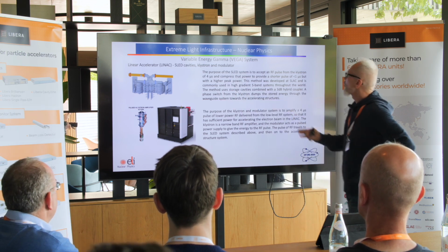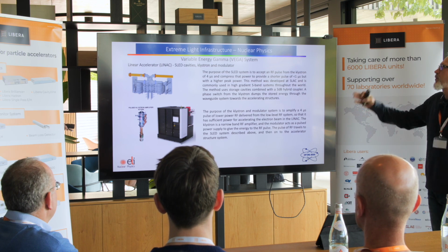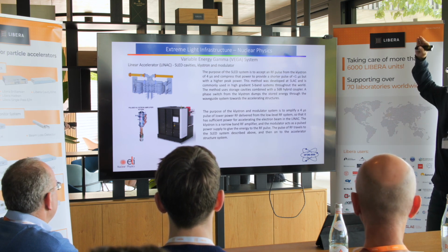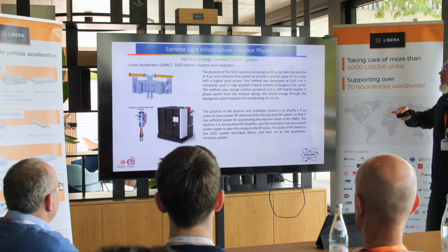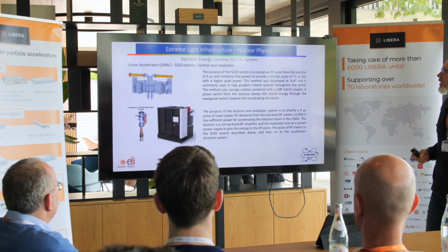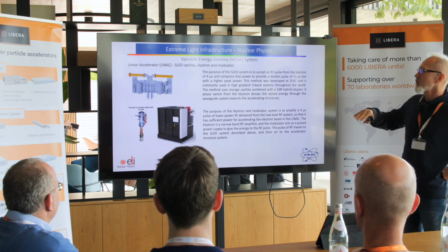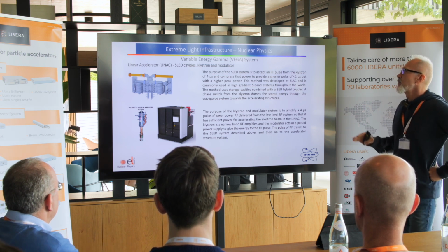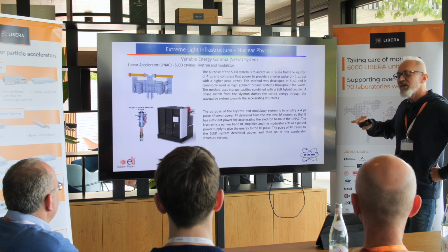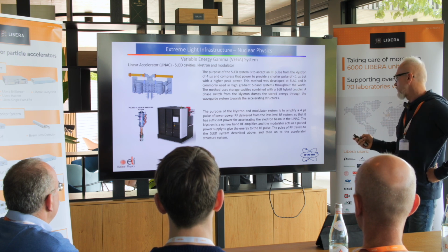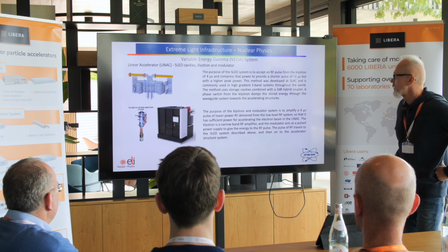And we have a problem: when the SLED is amplifying this pulse, it generates a very high peak. So we want to flatten this peak, and in order to do so, we also need to change the phase of the pulse generated by the klystron in order to diminish the peak.